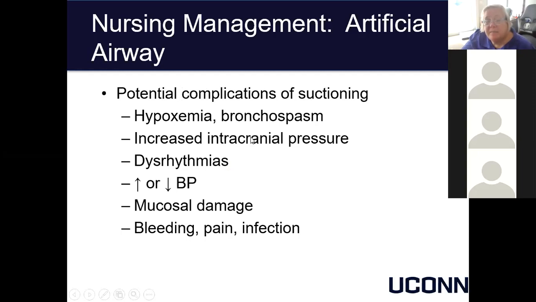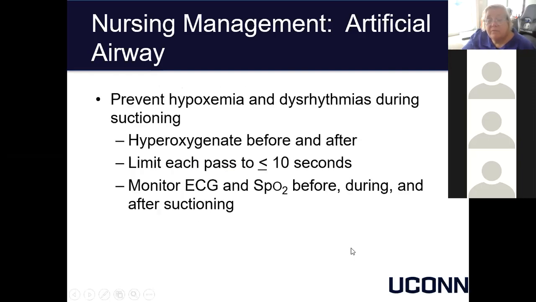With hypoxemia, potentially comes dysrhythmia, blood pressure changes, tissue, mucosal damage. I'm talking about damage to the tracheal bronchial tissues themselves. If you poke too hard, go too deep, bleeding, pain, and infection are all risks of poorly done suctioning.